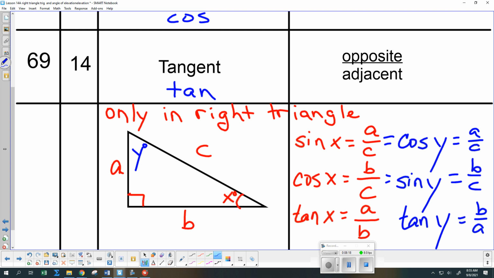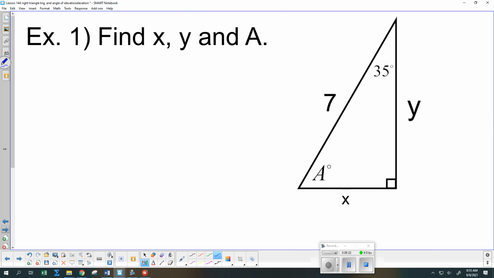So let's review a little bit now of how we find these, what we do with our calculators, what work we show. So for this one, I need to find X, Y, and A. I start off, I know one angle, I know I have a right triangle, so yes, I can use SOHCAHTOA, and I know the 7, which is the hypotenuse.